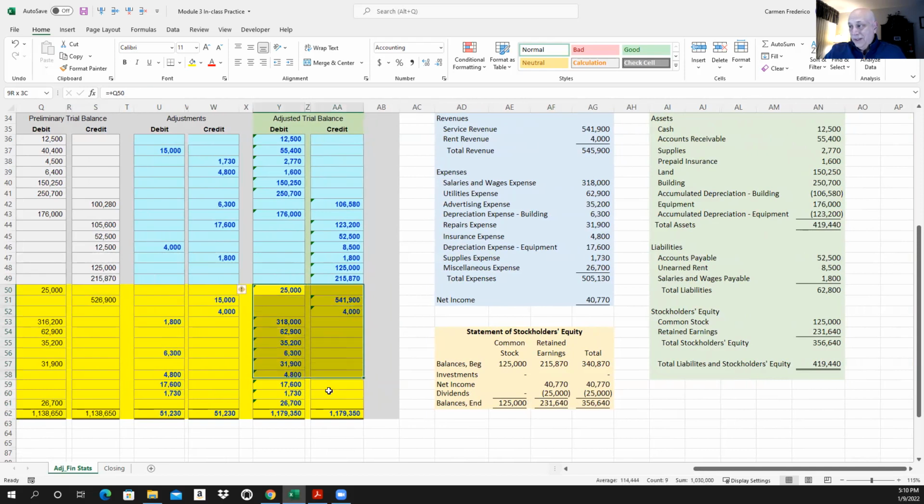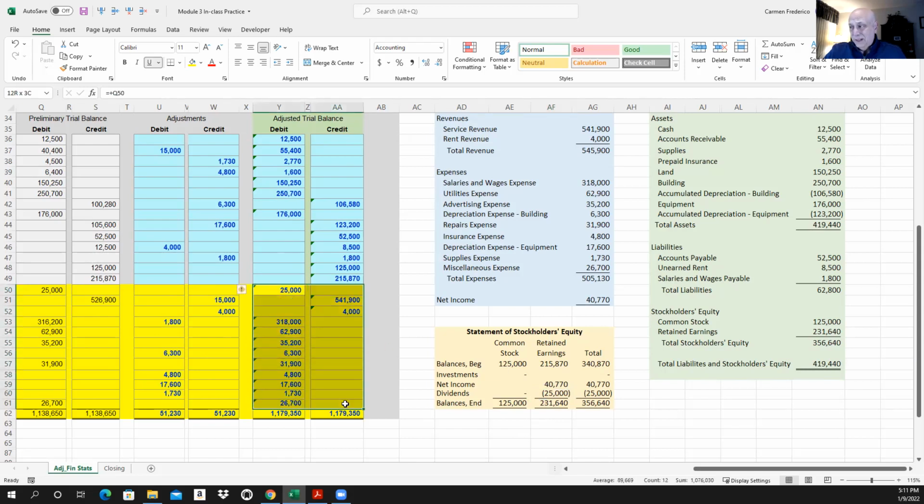Once we close out all these accounts into retained earnings, our retained earnings account will reflect this 231,640, in this case, because we have our trial balance amount of 215,870. We're going to make an entry to close out our net income into retained earnings, and also close out our dividends into retained earnings.